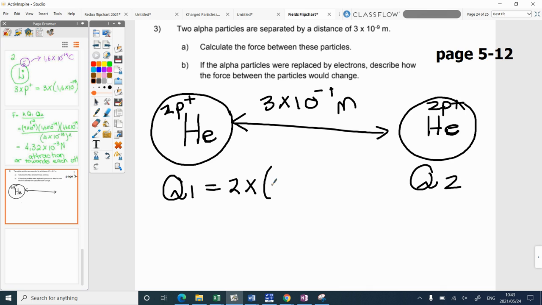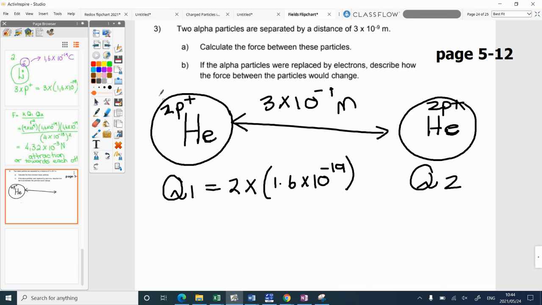We used it on Thursday as well. It's 1.6 times 10 to the minus 19 coulombs, and this one will be the same thing. So both of them will have that charge.